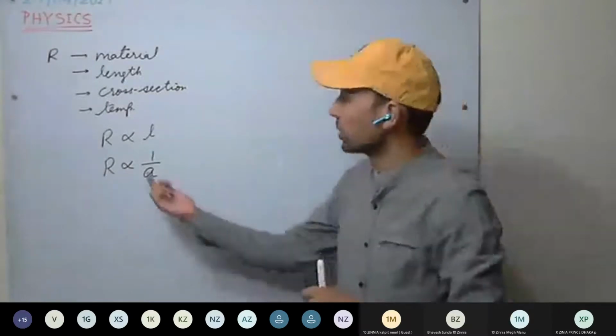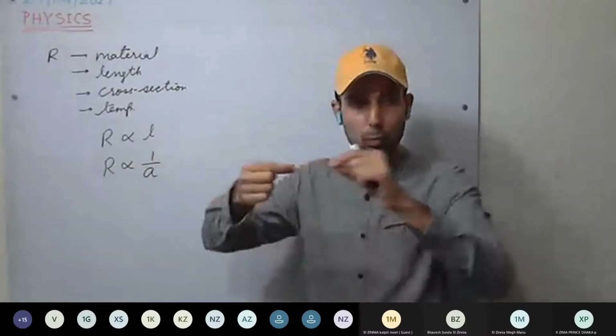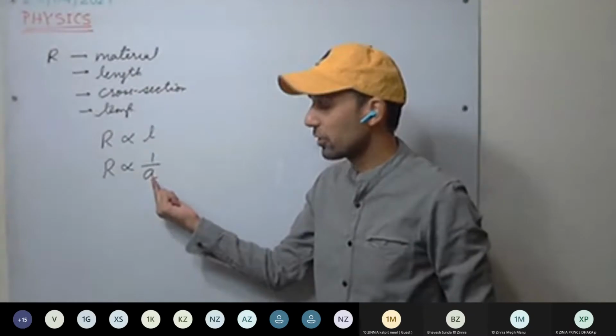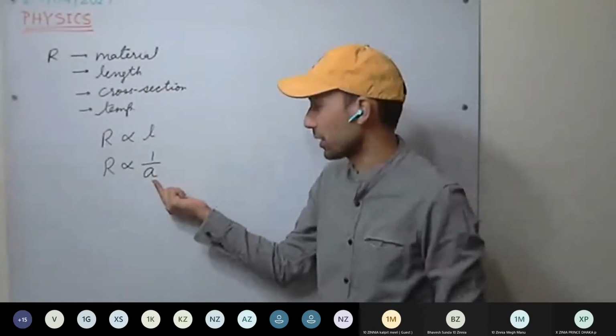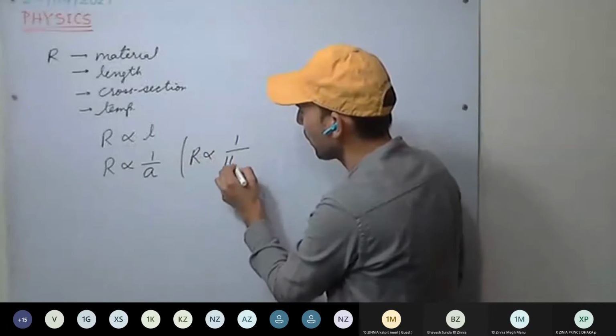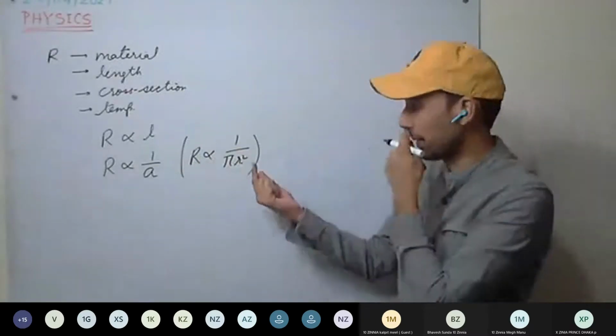Okay. So always remember, resistance is directly proportional to the length of the wire. The more the length, the more the resistance. Resistance is inversely proportional to area of cross section, or we can write it as proportional to 1 upon pi r square, where r is the radius of the cross section.